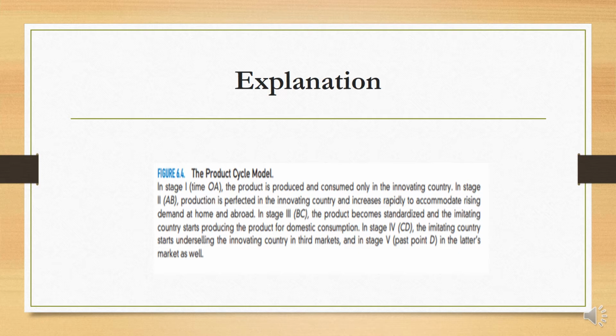In stage 3, time BC, the product becomes standardized and the imitating country starts producing the product for domestic consumption. In stage 4, time CD, the imitating country starts underselling the innovating country in third markets. And in stage 5, point D, in the later markets as well.